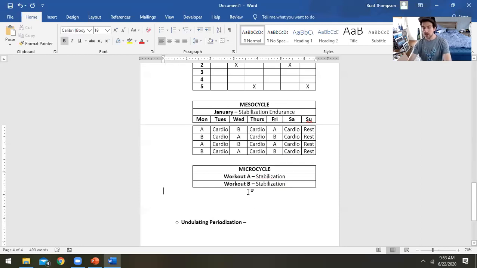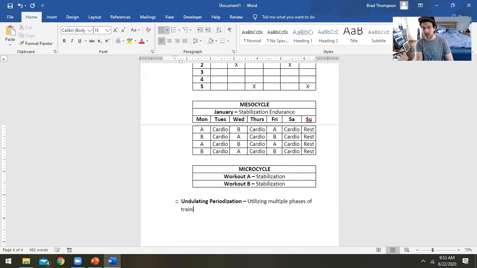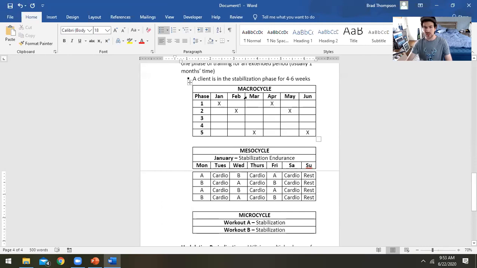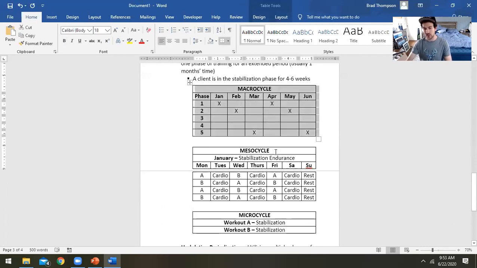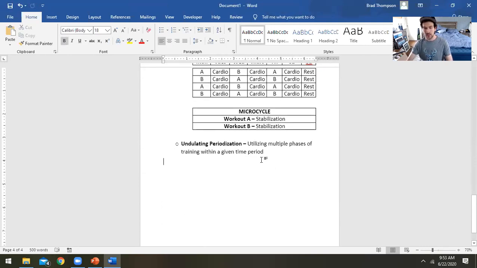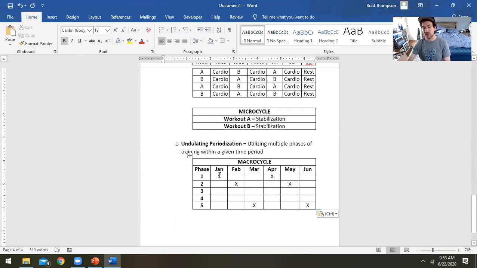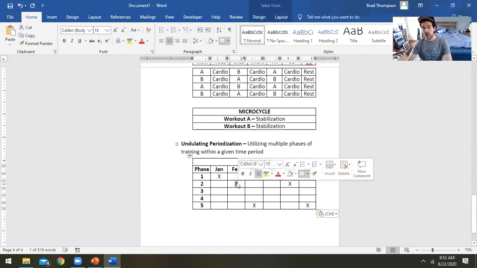Now, undulating periodization is going to be utilizing multiple phases of training within a given time period. Okay, so let's go back to our macrocycle here, right? And let's say our macrocycle is going to use the same concept for the first 3 months.